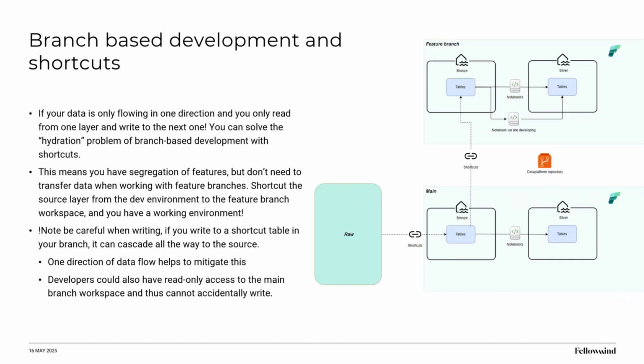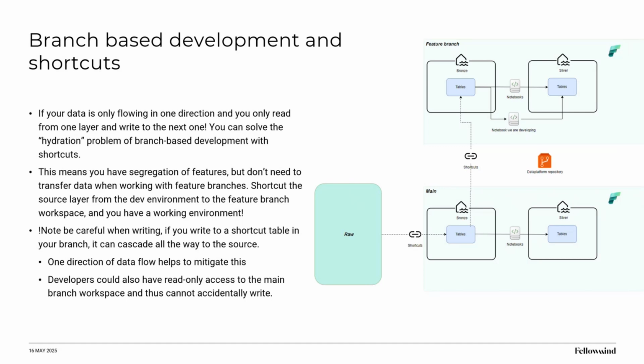What we can do now is shortcut all the tables from our main workspace, and now we have all the data available that we need for our debugging, and it's up to date. And then when we PR our branch and close it, we can just destroy our environment and it will still work.